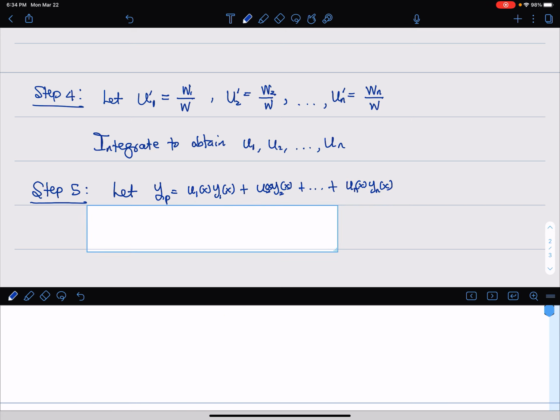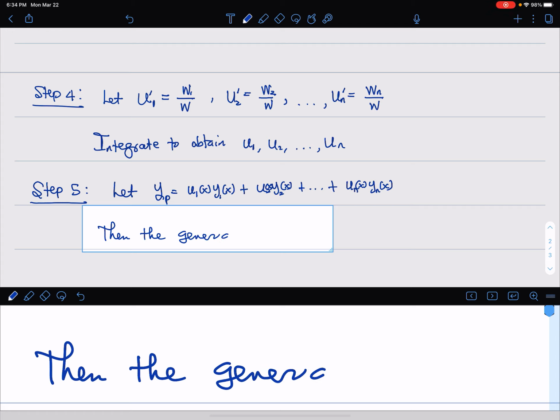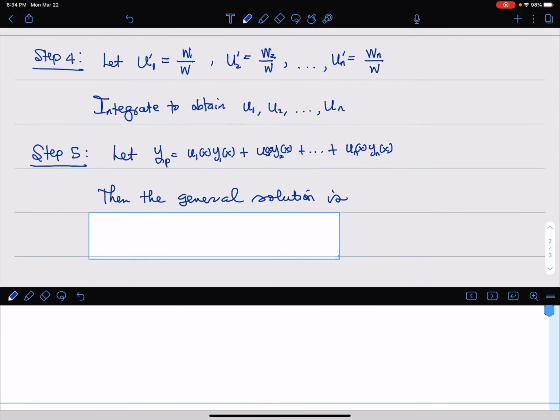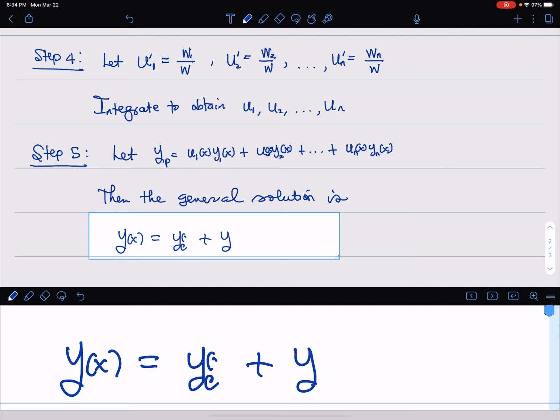So if this is your yp, then the general solution of our equation is y of x equals yc plus yp.